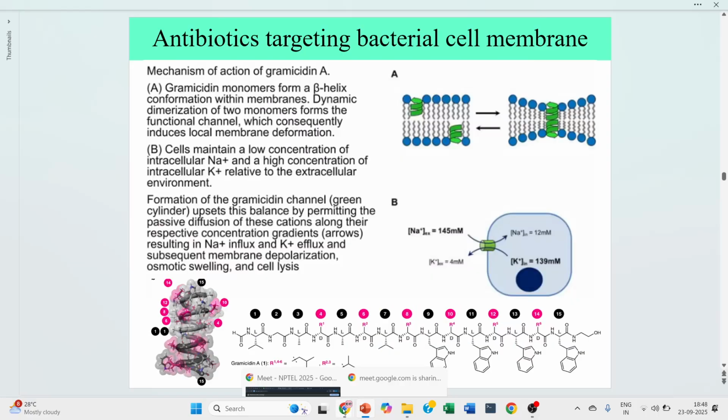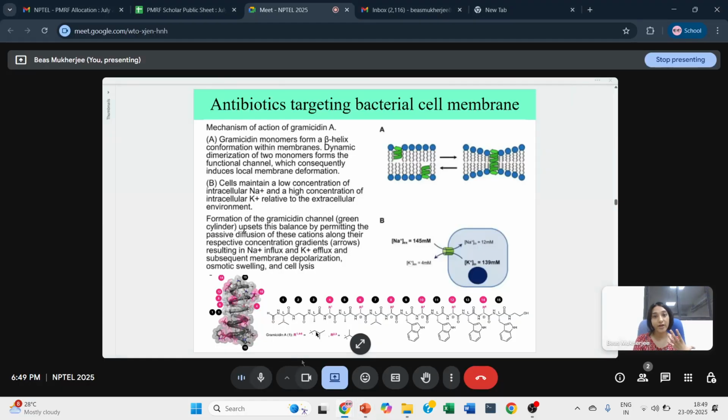Now we have the mechanism of action of antibiotics targeting the cell membrane. See what is happening here. Mechanism of action of gramicidin A. Gramicidin monomers form a beta helix conformation within the membranes. Dynamic dimerization of two monomers forms the functional channel, which consequently induces local membrane deformation. The cells maintain a low concentration of intracellular Na+ and a high concentration of intracellular K+ relative to the extracellular environment.